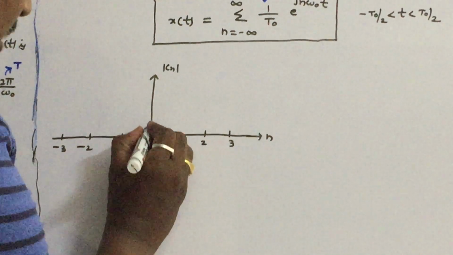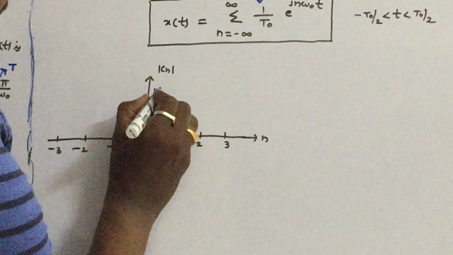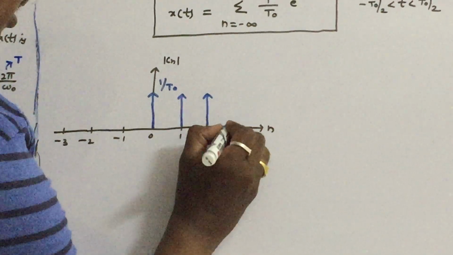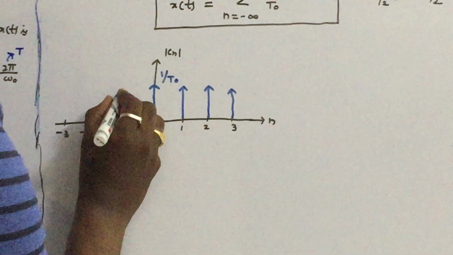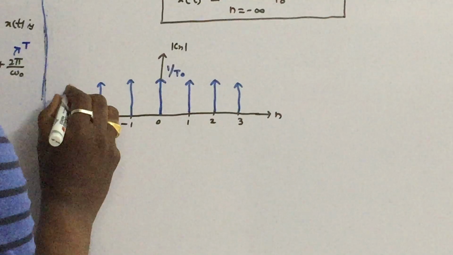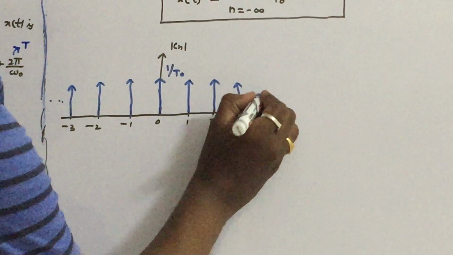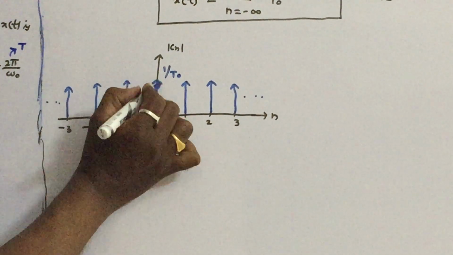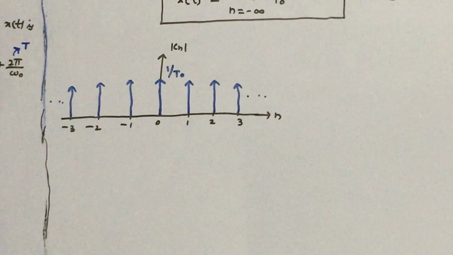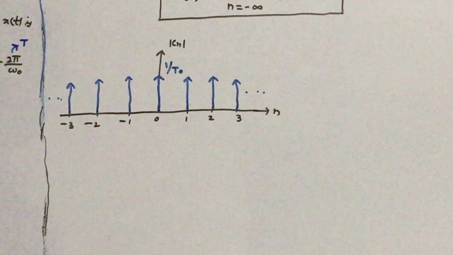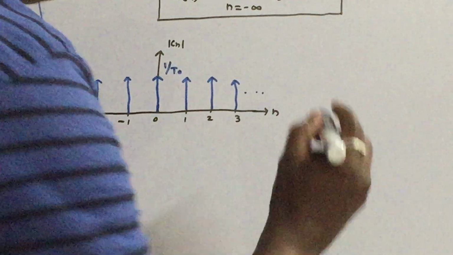All the amplitudes are 1 by T0, since C1 is 1 by T0, C2 is 1 by T0, and so on. Again, the answer for the exponential Fourier series coefficients is impulses. Instead of 1, we have to write 1 by T naught, where T naught is the time period of the impulses.